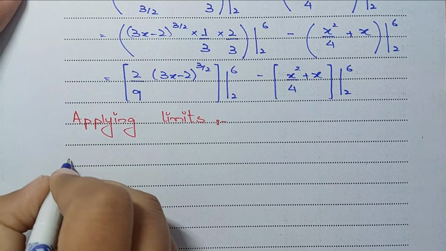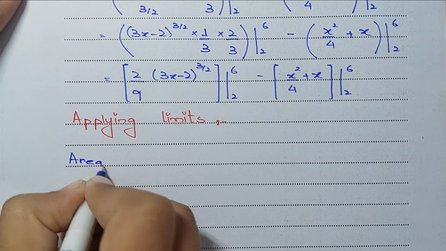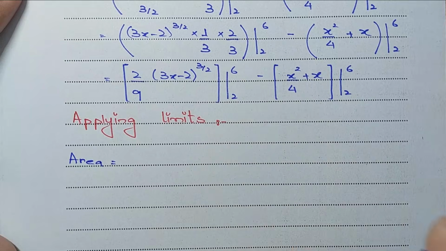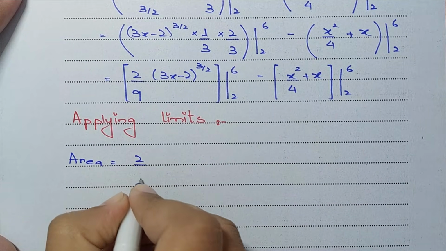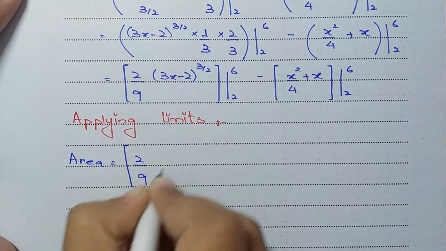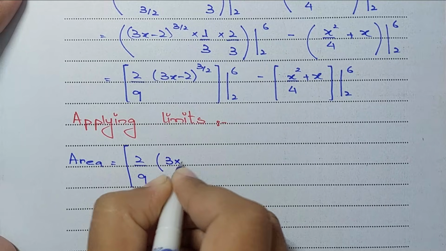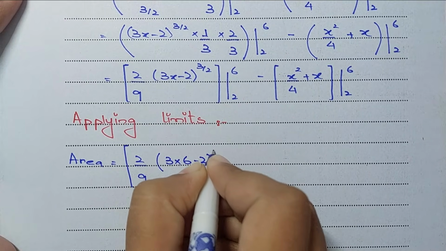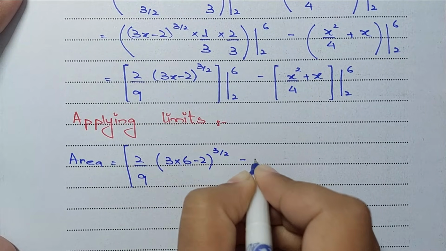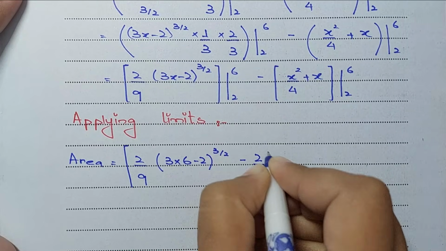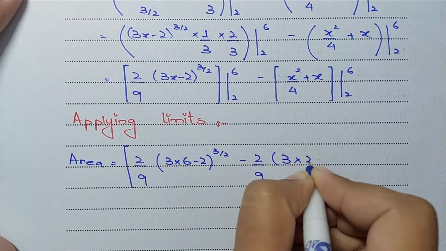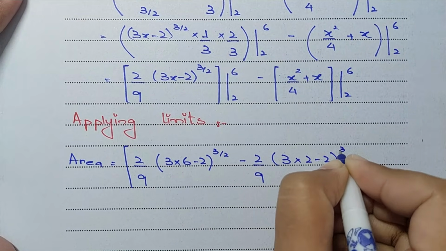When we apply the limits, the upper limit is 6 and the lower limit is 2, right? So 2 over 9, applying the upper limit first: 3 times 6 minus 2, to the power 3 by 2. Subtract the lower limit: 2 by 9, 3 times 2 minus 2, the power is 3 by 2.